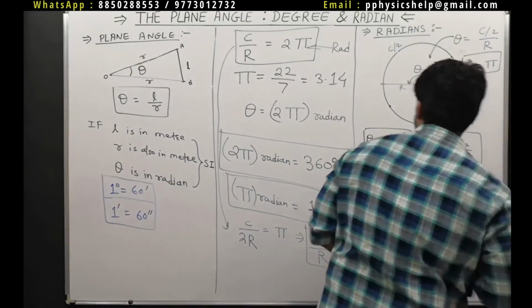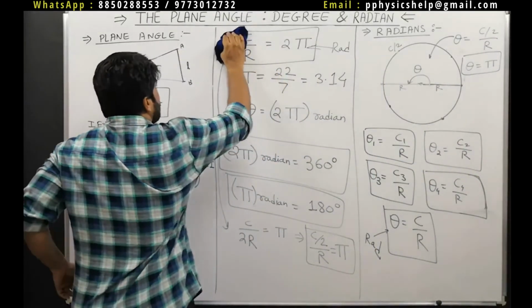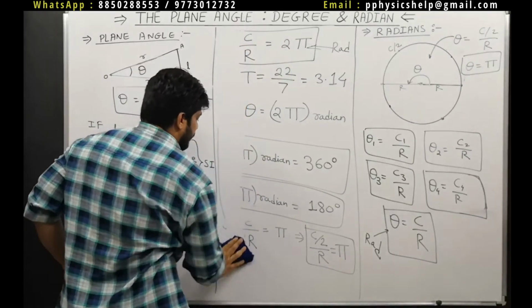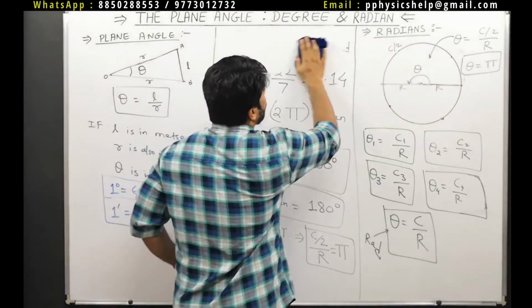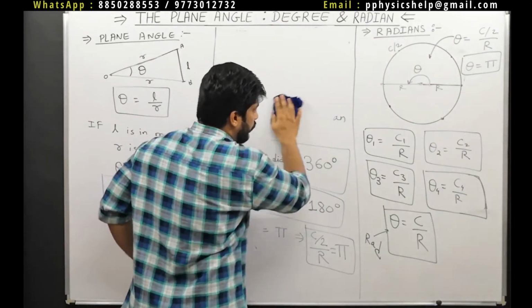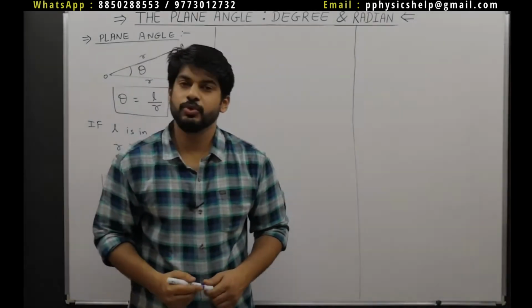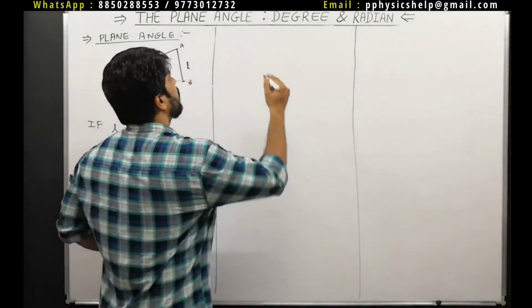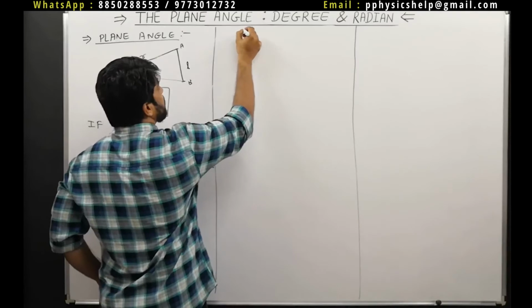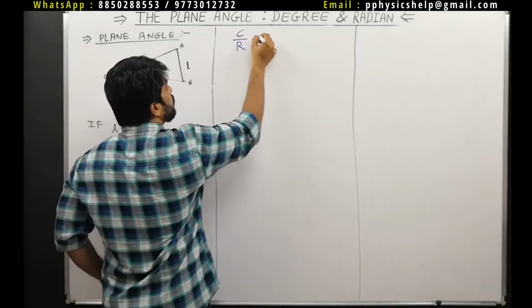Let's recall everything that we have just seen, the important relations that we need to remember. One of them is definitely c by r is equal to 2 pi.